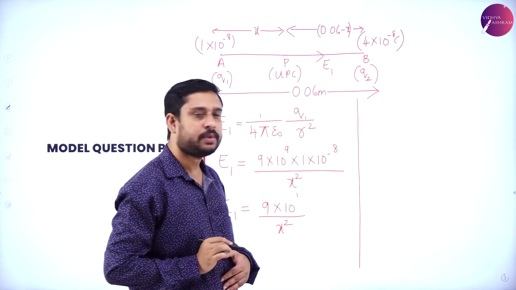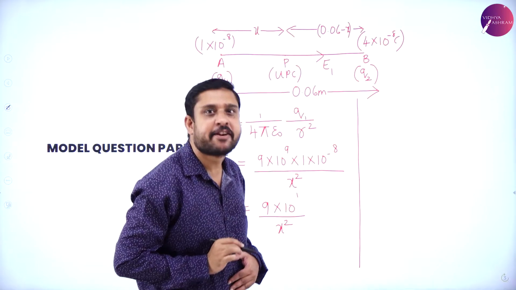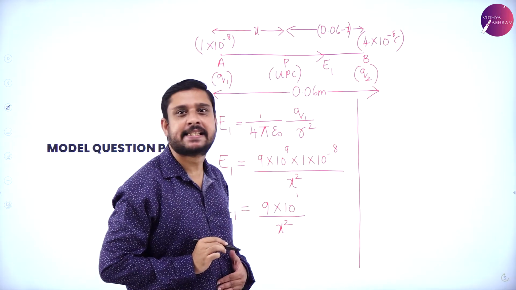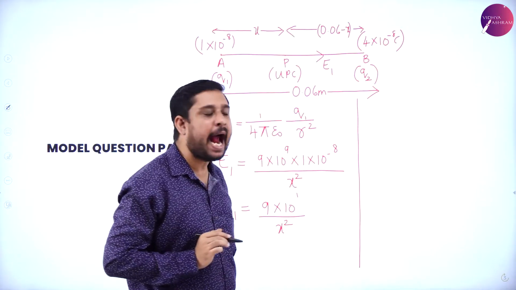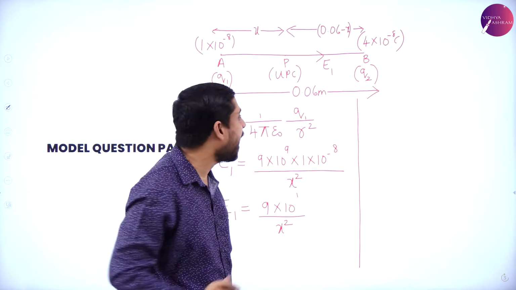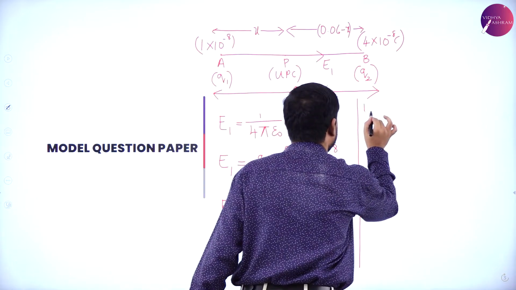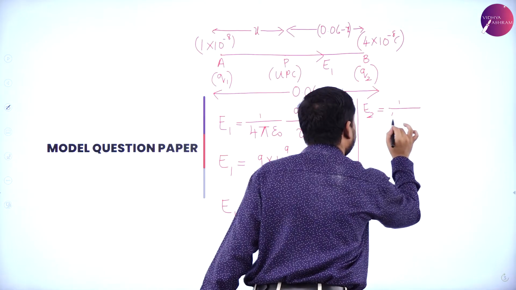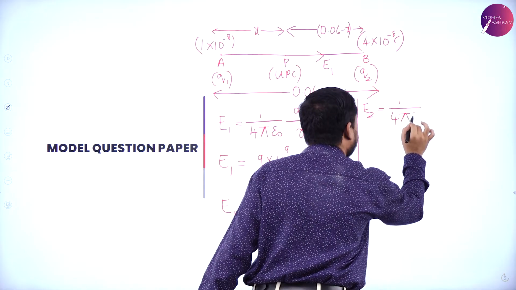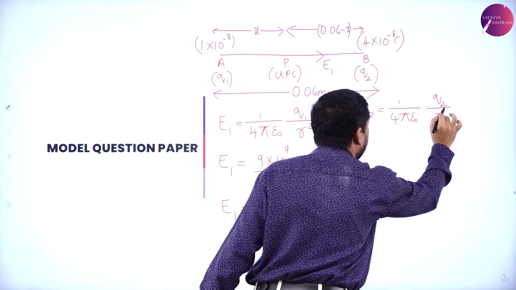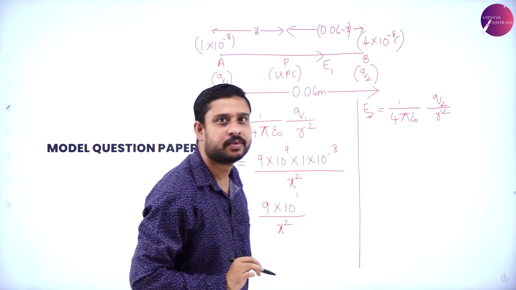Similarly, electric intensity at P due to the charge at B, E2, is 1 by 4 pi epsilon naught Q2 by r square.